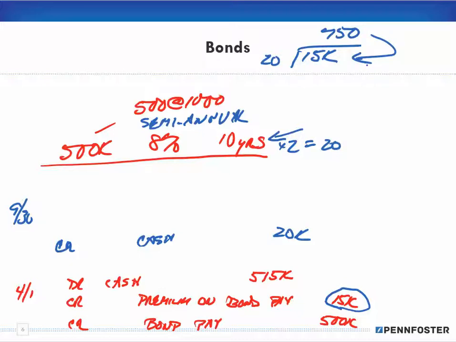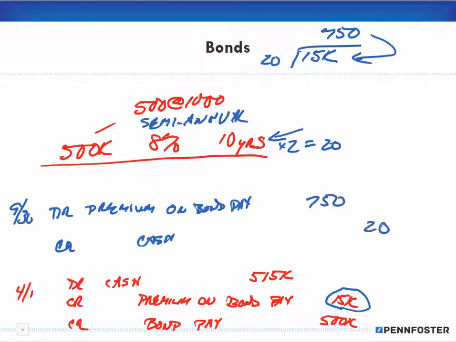So that ends up being a debit against the premium on the bond payable. All right, let me erase this here to make it a little easier to see. So that's 750 here and 20,000 here.